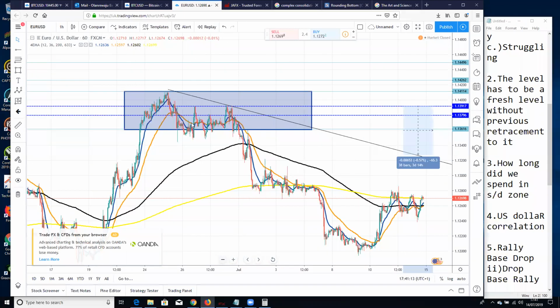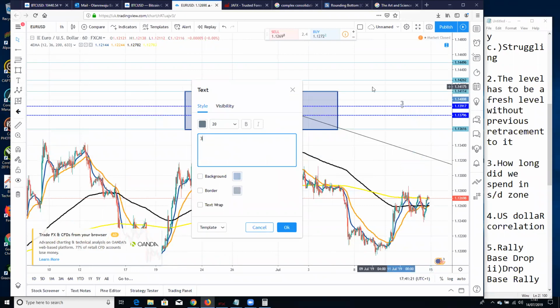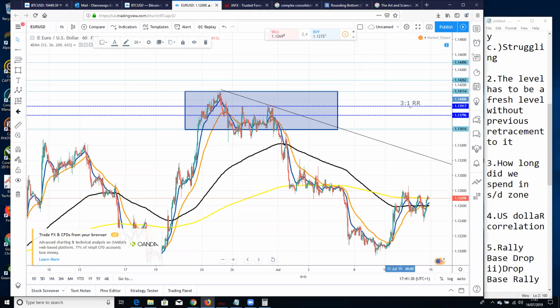So when you are picking the quality of your trade, easily you can say to yourself, all right, this one is 3-to-1 risk reward ratio, reward risk, or whatever you want to call it. Are you following me? I hope you are following me.